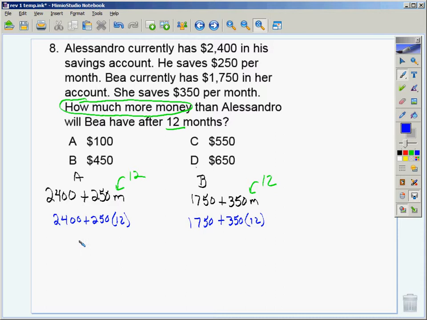When I work this out, this one came out to 5,400. When I work this one out, it came up to 5,950. And I end up subtracting the 5,400 from it, which is going to give me 550, which is why C is the correct answer.